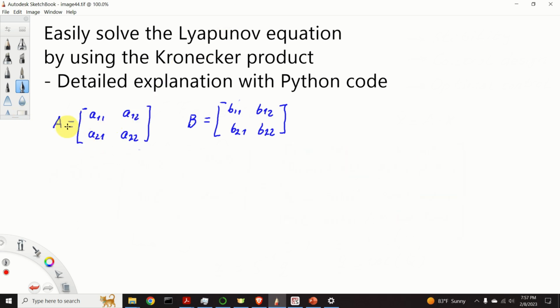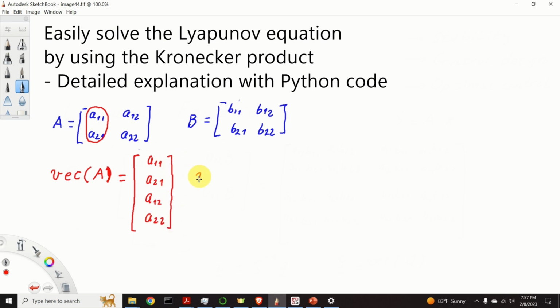Let us again consider the matrices A and B. The vectorized version of the matrix A is denoted by vec of A, and it's a column vector defined by taking the columns of the matrix A and stacking them on top of each other. For example, vec A is a vector with the entries A11, A21, that's the first column, then we have A12 and A22.